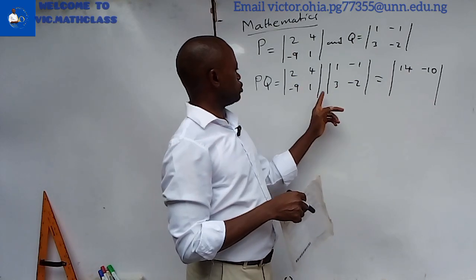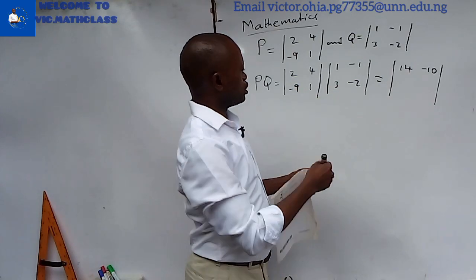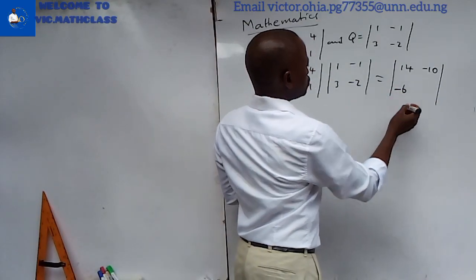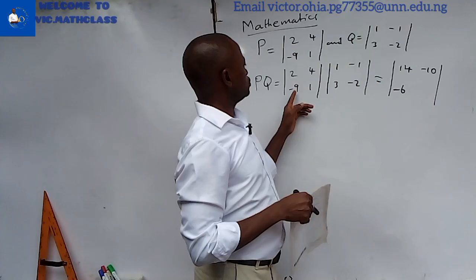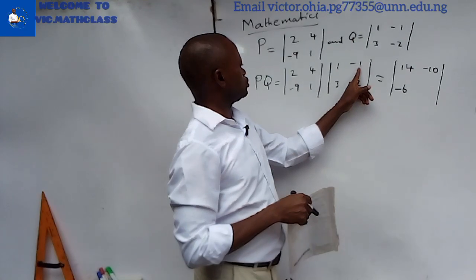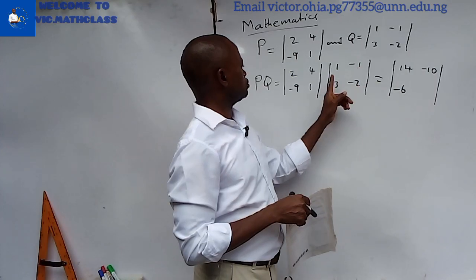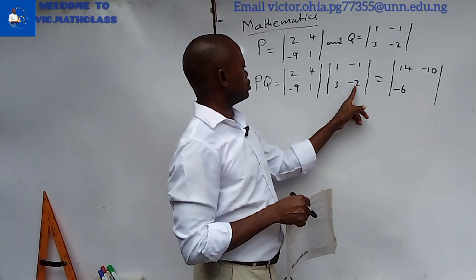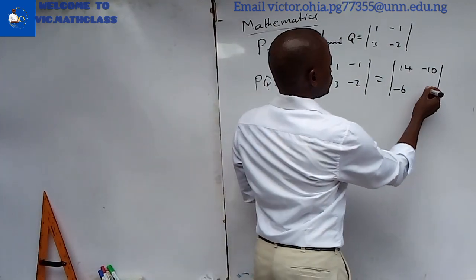If you add both of them, minus 9 plus 3 will give us minus 6. Then minus 9 times minus 1 will give us 9. 1 times minus 2 will give us minus 2. So you have 9 minus 2, that will give us 7 here.